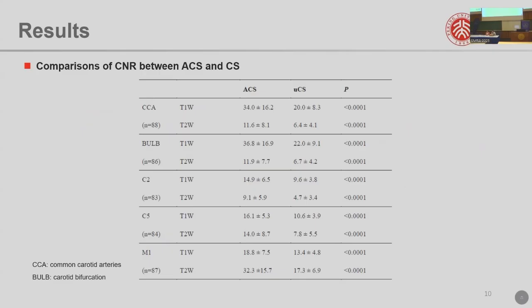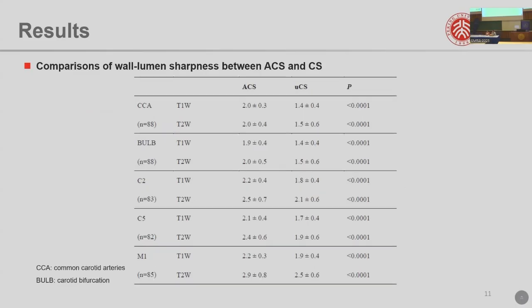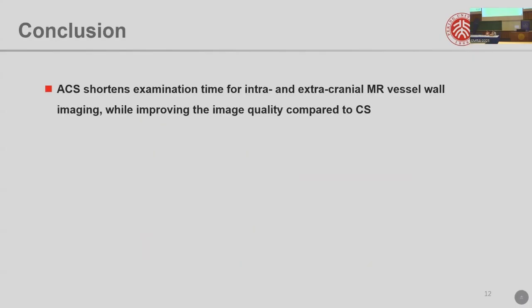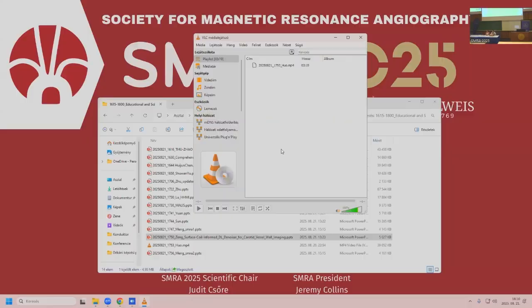Significant differences were found in CNR between ACS and CS T1, T2 weighted images, as well as in wall lumen sharpness. It was concluded that ACS shortens examination time for intra- and extracranial MR vessel wall imaging, while improving the image quality compared to CS. Thanks.